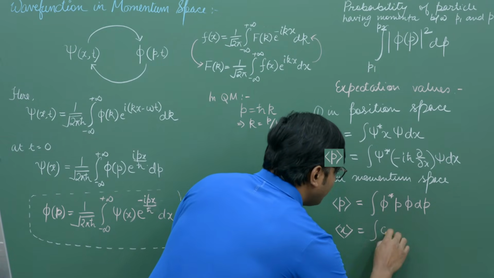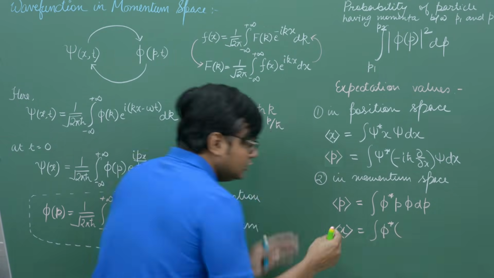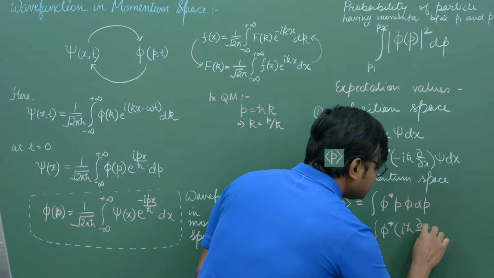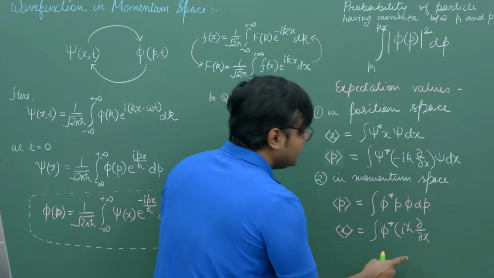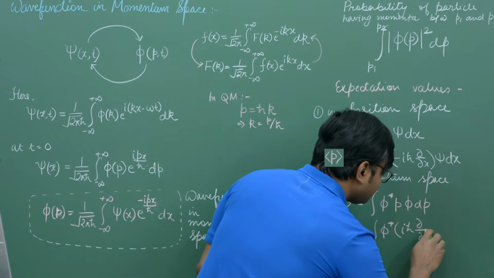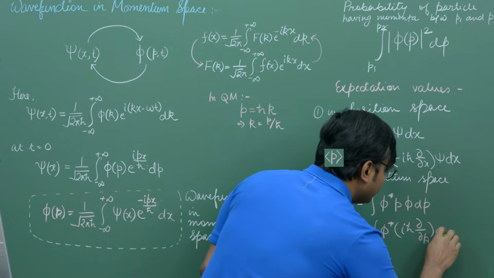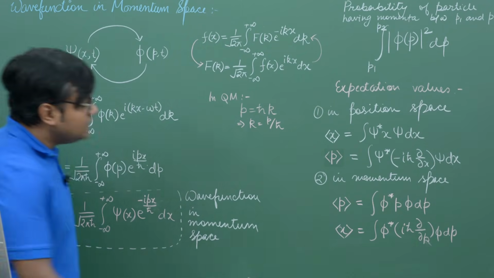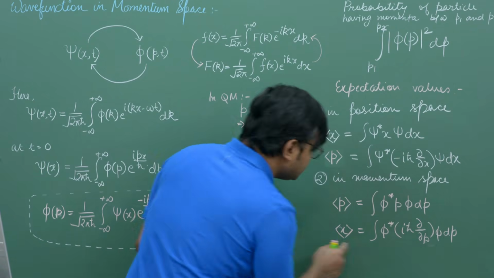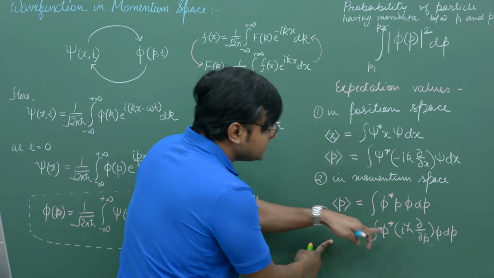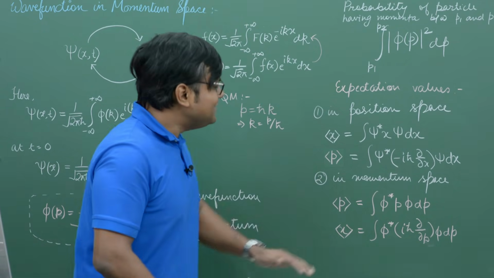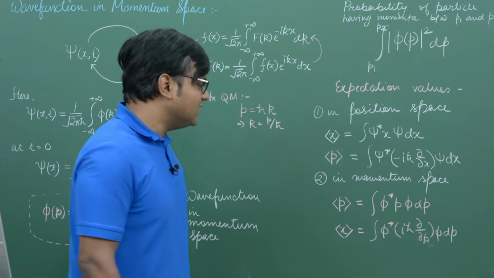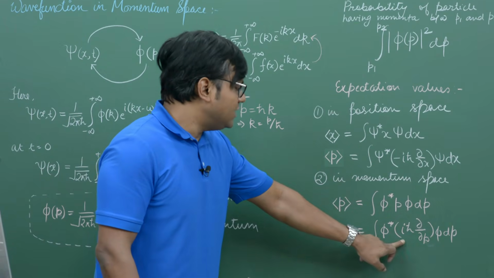So essentially, you have phi star and you sandwich iota h cross del upon del p, and here you have again phi and dp. This will give you the expectation value of the position, but with respect to the wave function in momentum space. It looks like the mirror image of the expressions of one another. Here you have a minus iota, here you have a plus iota.